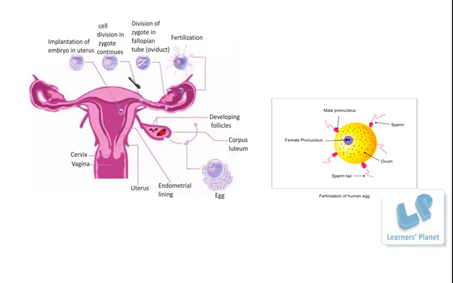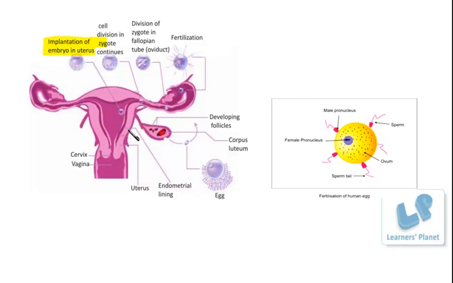After a certain stage, around the 32 cell stage, this ball of cells is going to implant into the uterus. So further, the implantation of this growing embryo in the uterus will take place.